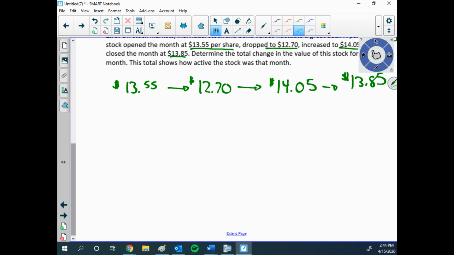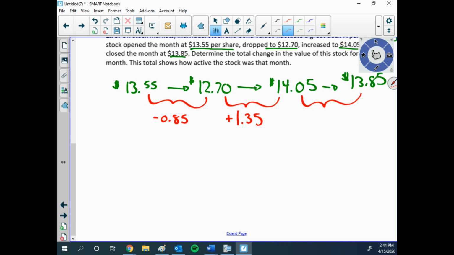And so we're going to look at what happened within each period of change. The stock decreased by 85 cents. In this period of change, it increased by $1.35. And in this period, it decreased by 20 cents.